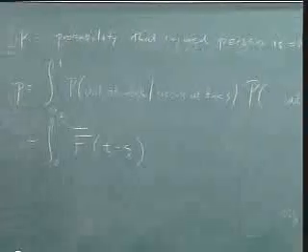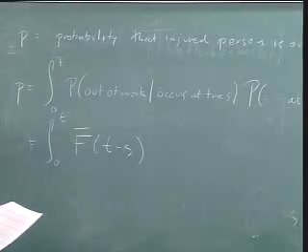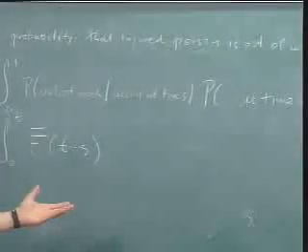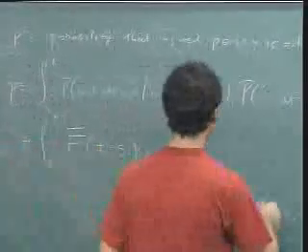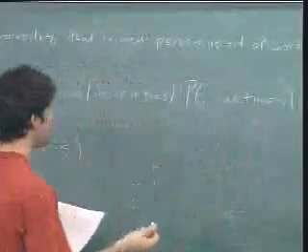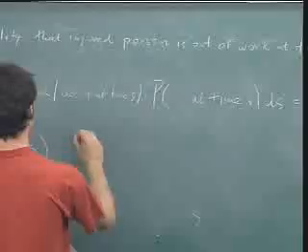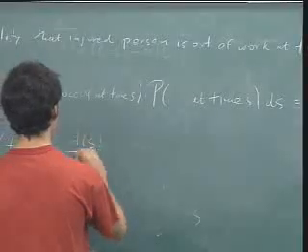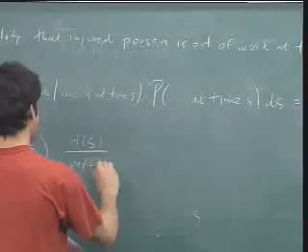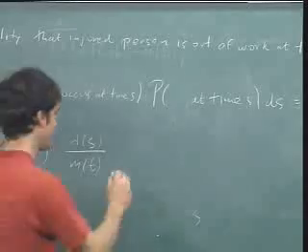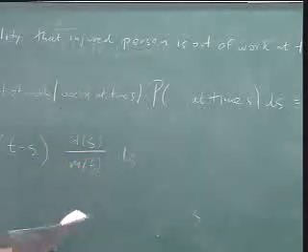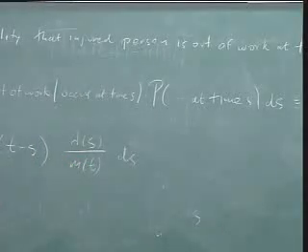So his recuperation time is more than t minus s, and that happens with probability F bar of t minus s. And then the probability that the injury occurred at time s is, due to part A, just equal to lambda(s) over m(t). This is just the density. This is what we calculated in part A.